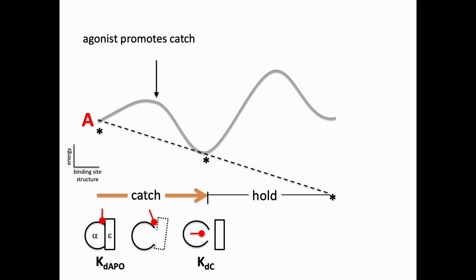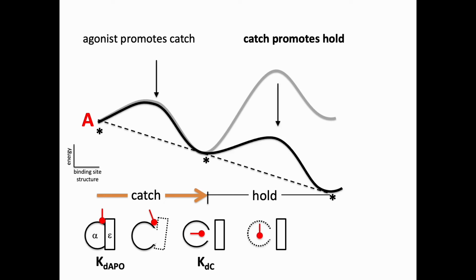And then the next step, of course, is that catch promotes hold. This is the key event: once you're in the catch conformation, which is bound with low affinity, that stabilizes the transition state of the next structural event, which we don't know what that is. I'm just drawing it here as a compaction of the binding site.